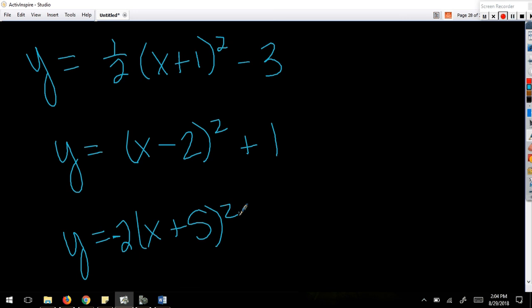Look at the first one. Up or down? Up. Skinny, wide, or average? Wide. What is the vertex?